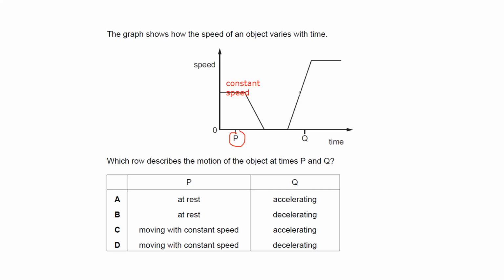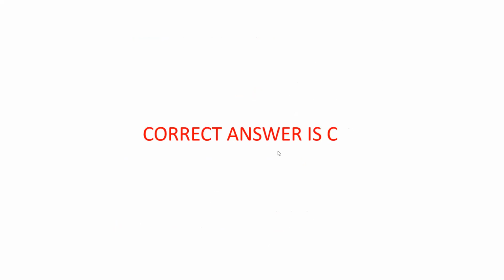And at Q, it is accelerating, or it is having a constant acceleration. So which option is the right one? At P, it is moving with a constant speed, and at Q, it is accelerating. So C will be the right answer. Is it clear? Why is the correct answer C?